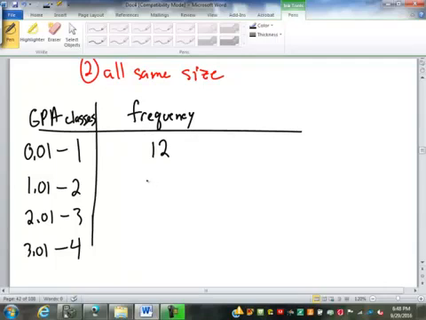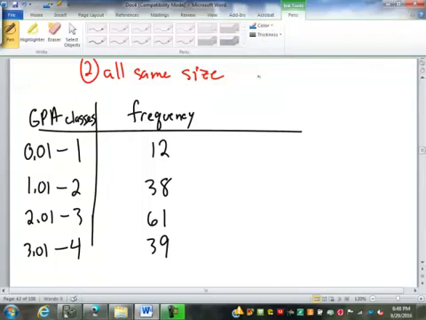We're going to say there's 12, 38 in the 1.01 to 2. This is a little more reasonable. Let's say that there are 61 in the 2.01 to 3 and 39 in the 3.01 to 4.